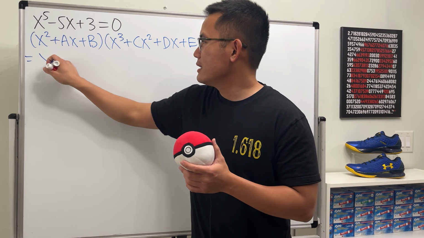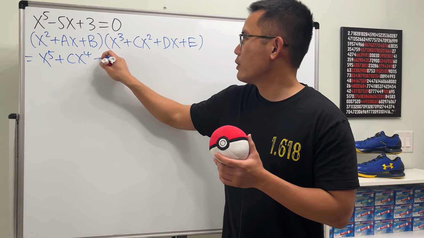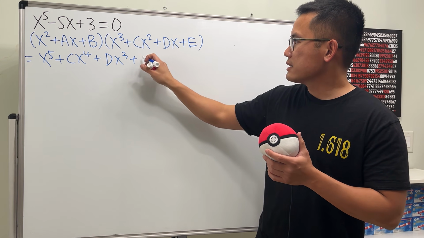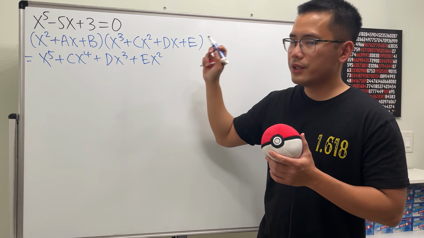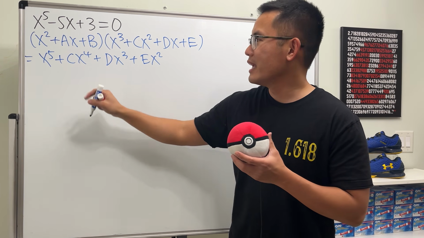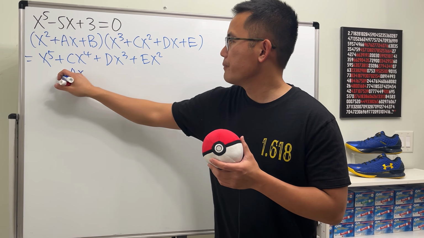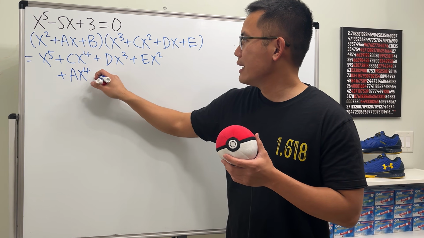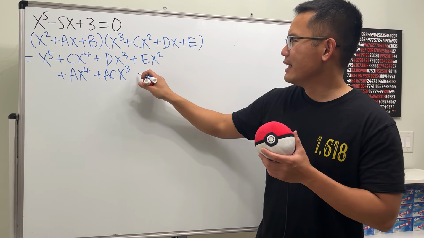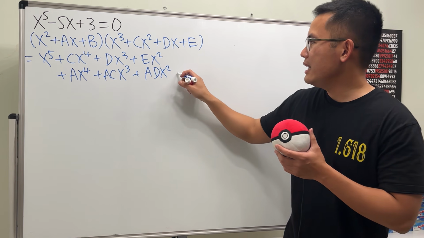So this times this is x to the fifth power, and then just continue plus cx to the fourth power plus dx to the third power plus ex squared. Good, and then continue. Take ax times all that, and of course we'll line up, so we get ax to the fourth power, positive, and then plus ac, x to the third power, and then adx squared, and then aex.